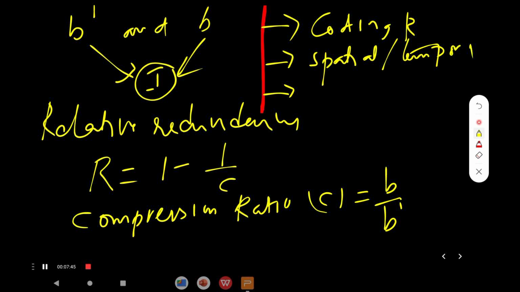The third one is irrelevant information. These are the three different types of data redundancies in two-dimensional intensity arrays.